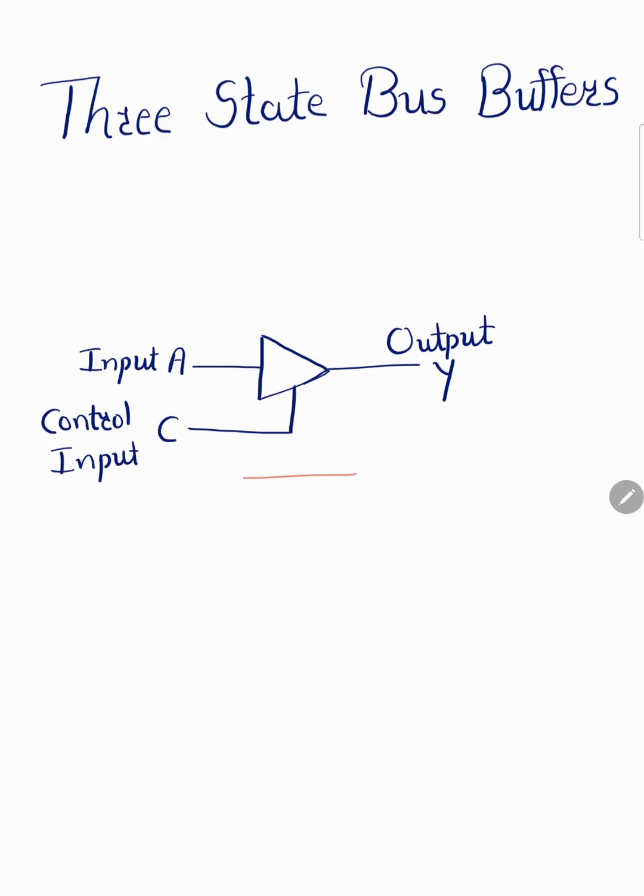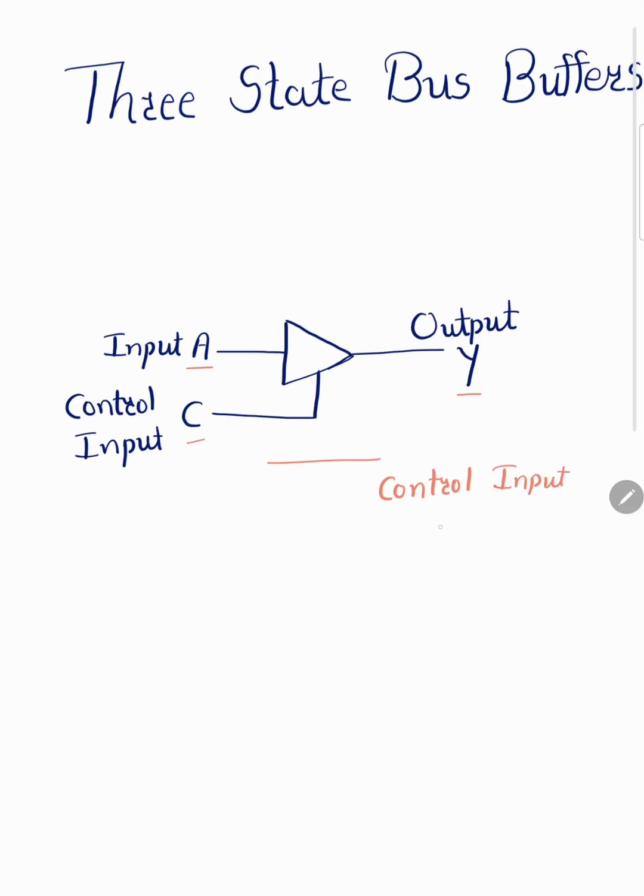It has input A, which is your normal input, a control input C, and the output Y. If you give the control input as 0, the output is disabled and the entire gate goes into the high impedance state.